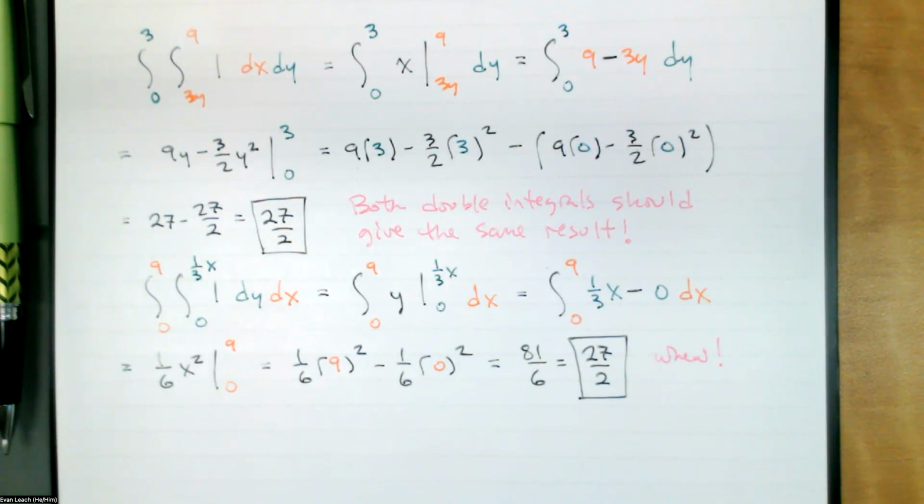This you already knew. If you integrate the function 1 from A to B, you get the length of the interval from A to B. So if you integrate the function 1 over a region, you get the area of the region.